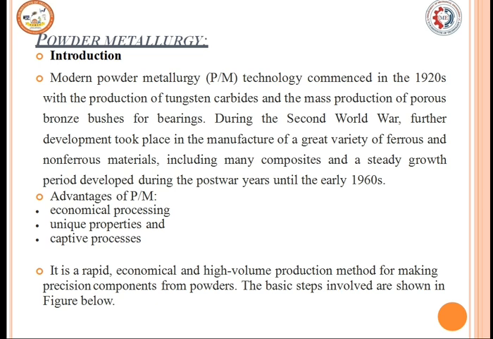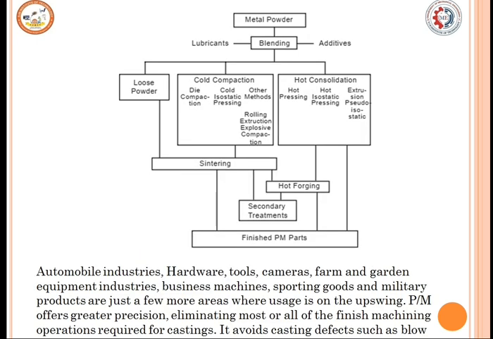Advantages of the powder metallurgy technique are that it is economical, gives unique properties, and captive process is possible. Where are powder metallurgy parts used? In automobile industries, hardware, tools, cameras, farm and garden equipment industry.